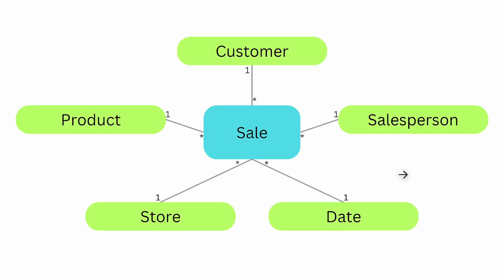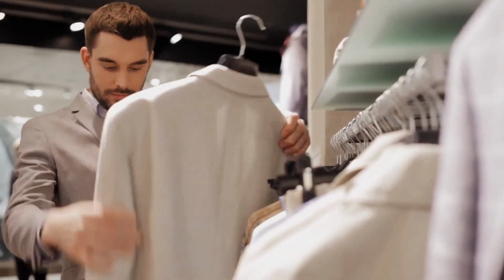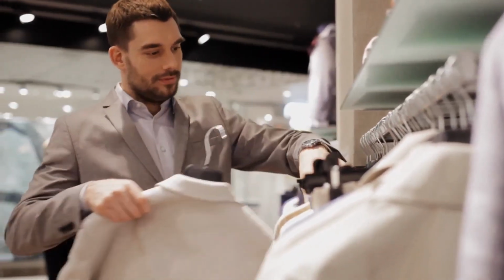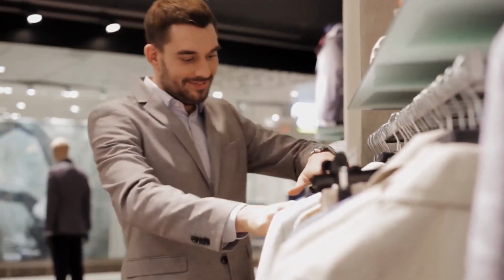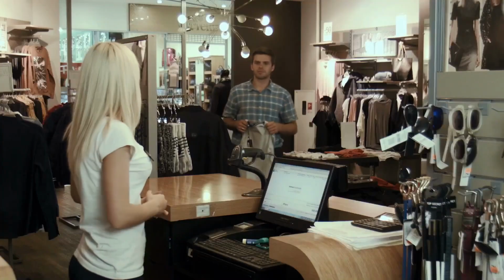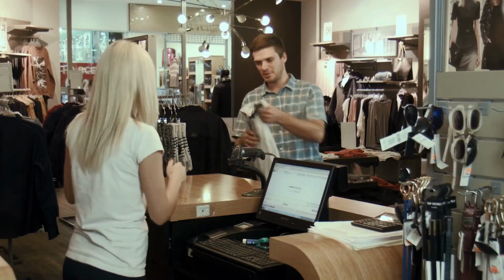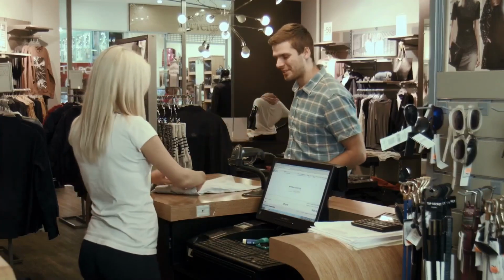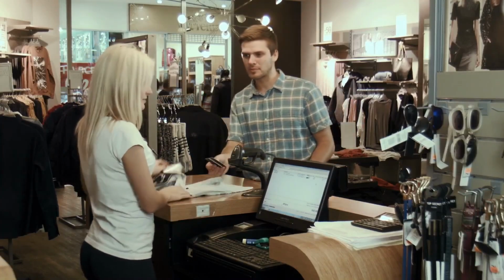That's why I was pointing out the grain of each dimension table a moment ago. As a customer, I can come back to that store or go to another store as many times as I want and buy as many various products as I want from different salespeople on different dates. And that salesperson will probably sell many different suits to many different customers across many dates.